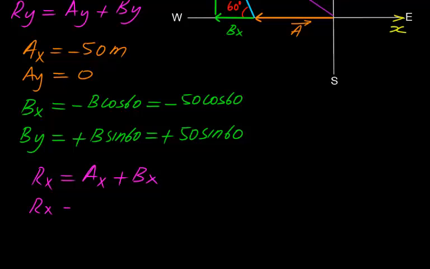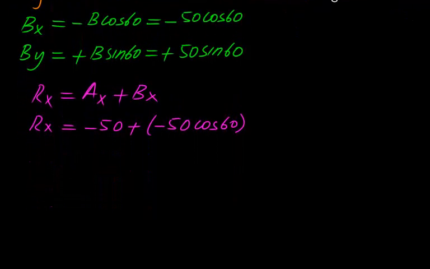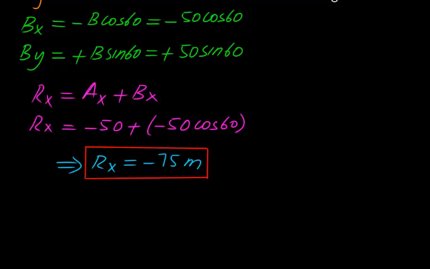Rx therefore is going to equal Ax, which is negative 50, plus Bx, which is also negative 50 cosine 60. Solving for the x component of the resultant vector, we obtain negative 75 meters. In a similar way, we can solve for the y component of the R vector, which is Ay plus By.